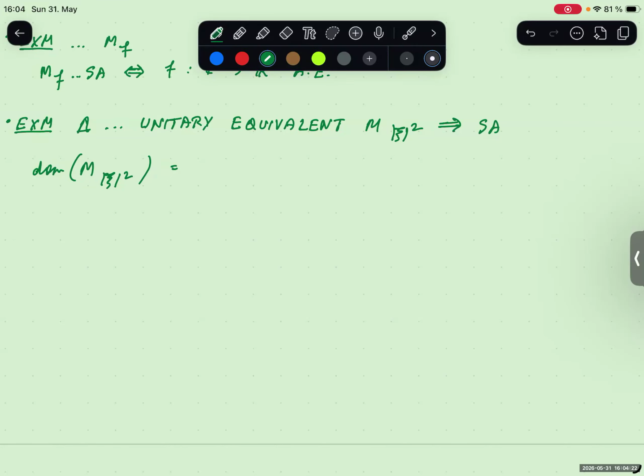U is in L2 of R^d such that psi squared times the Fourier transform of u is also in L2 of R^d.